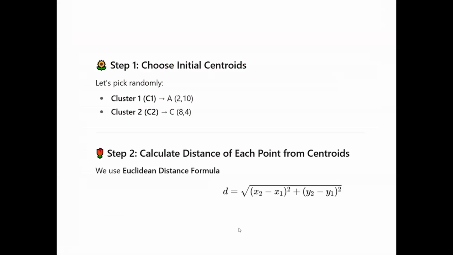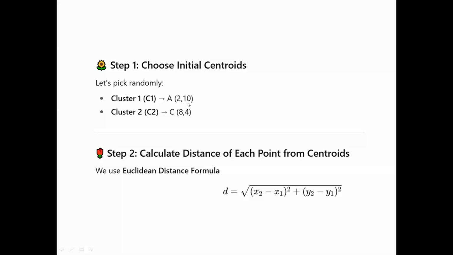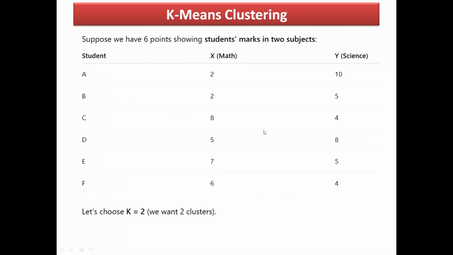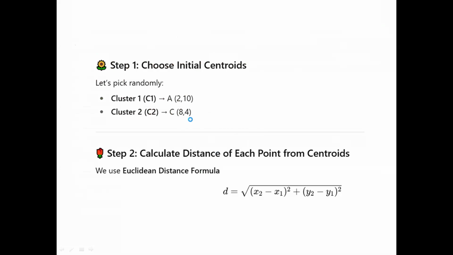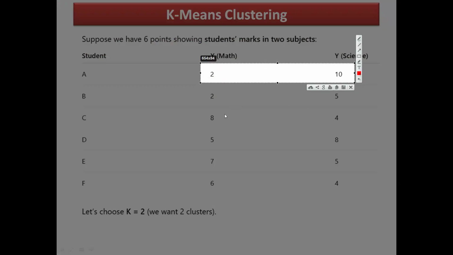First of all, we decide the initial centroid value, the centroid point. It is a distance based approach. So as we have decided that we want to make two clusters, randomly we have taken two points, A (2, 10), this one, and second is C (8, 4), this one.